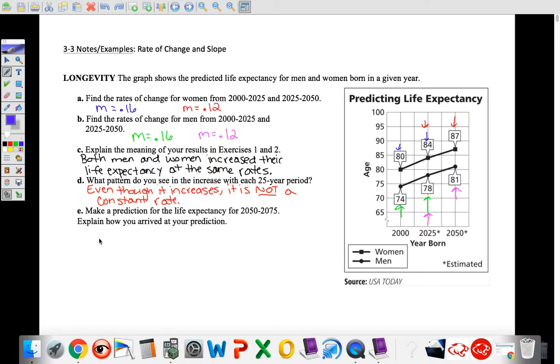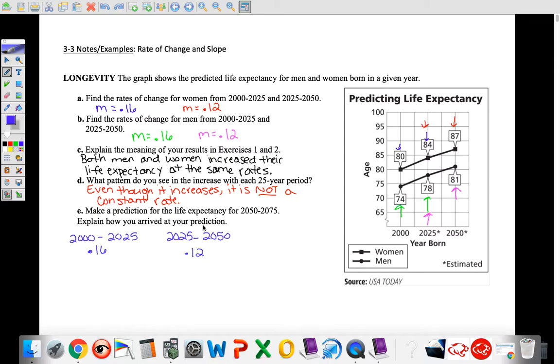Okay, so from 2000 to 2025, that rate of change was 0.16. Okay, from 2025 to 2050, we have 0.12.